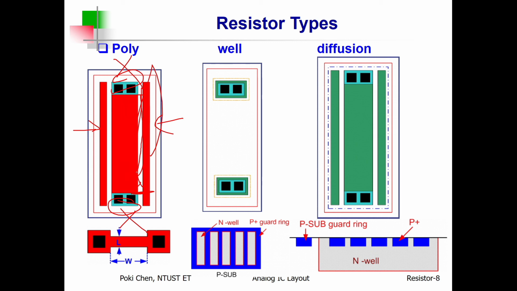Then, if you would like to get the highest resistance for the resistor, usually you can use a well resistor. Why? Because the well is doped very, very lightly. Light doping always means very high resistivity, right? So that's it. However, nothing is free. You need to pay for it. Pay what? For such a high resistance well resistor, you need to sacrifice performance.